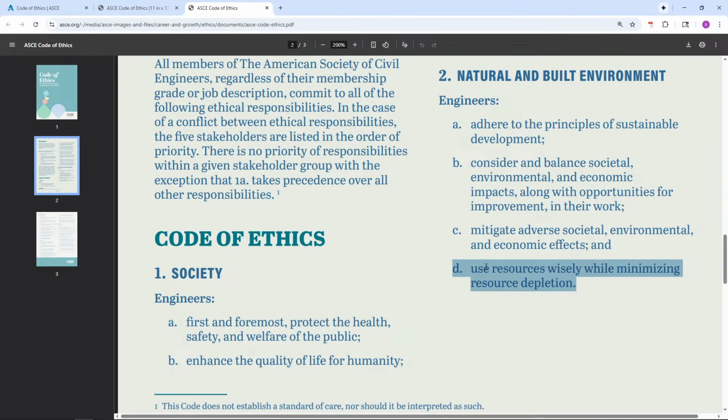Because here we design the city, not all of them but many of them, in a way that they have no public transportation, and you will depend on your own private vehicle.